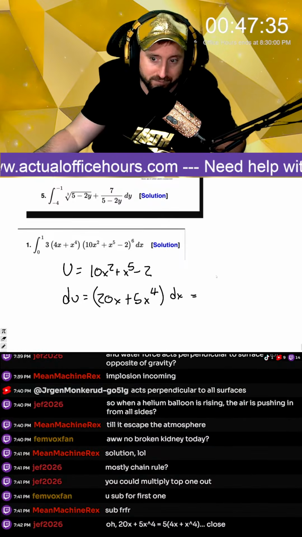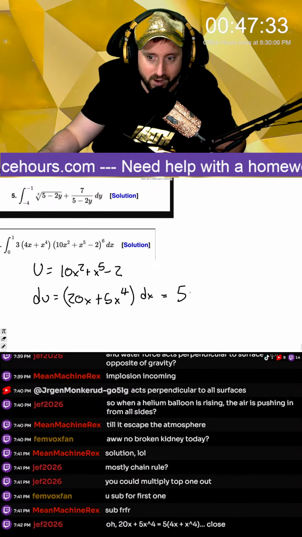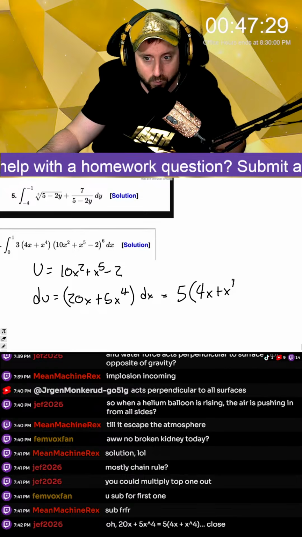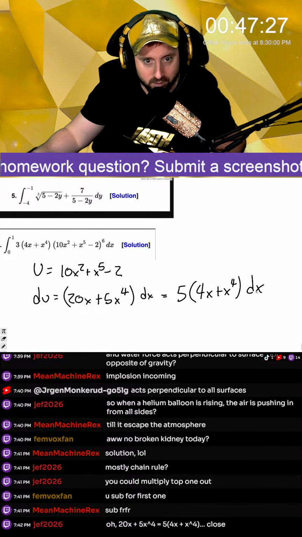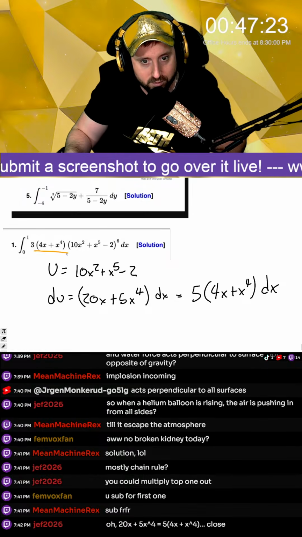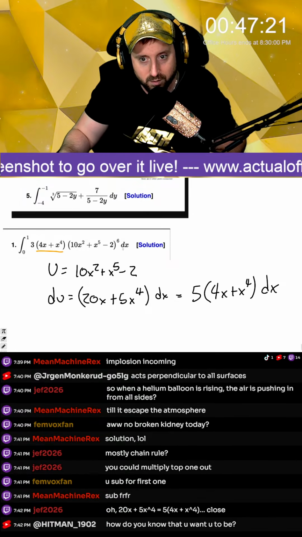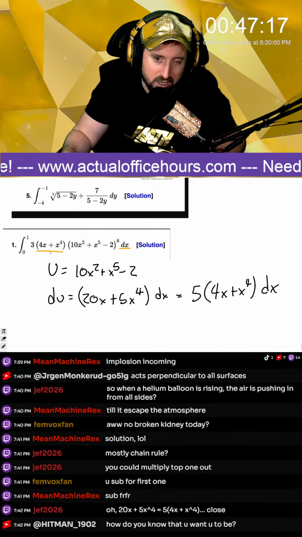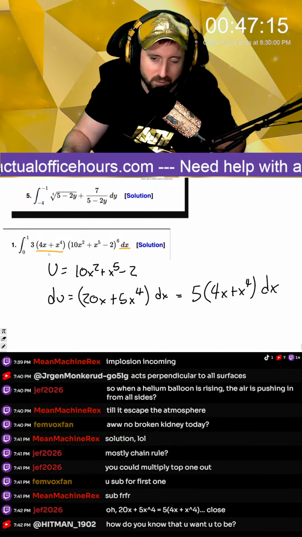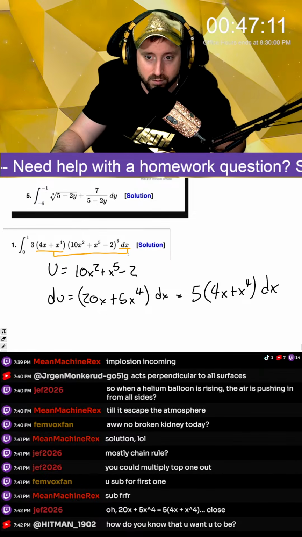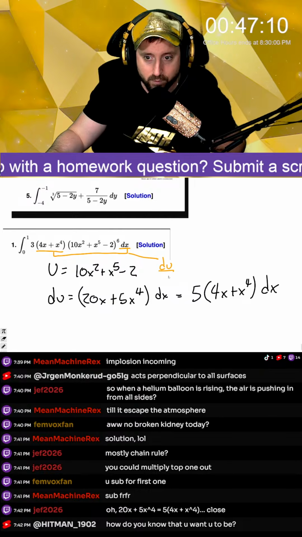If you pull out the 5, this is 5 times 4x plus x to the fourth dx. So you kind of got this, right? This right here is kind of du, right? It's du divided by 5. So this right here is du over 5.